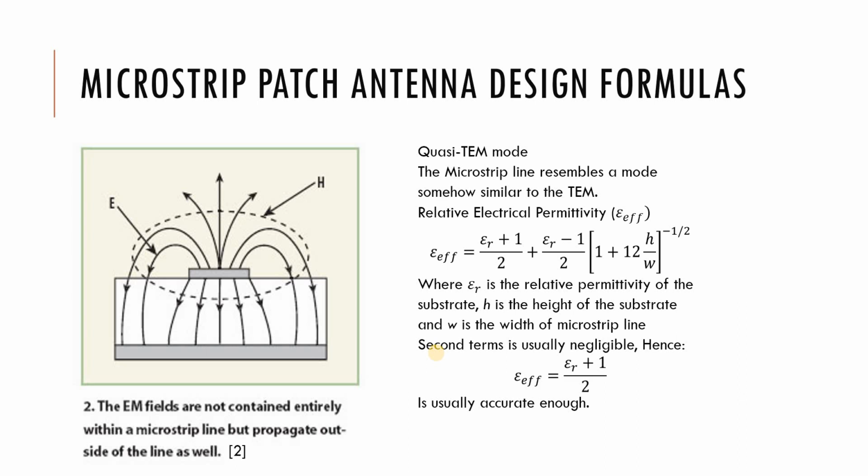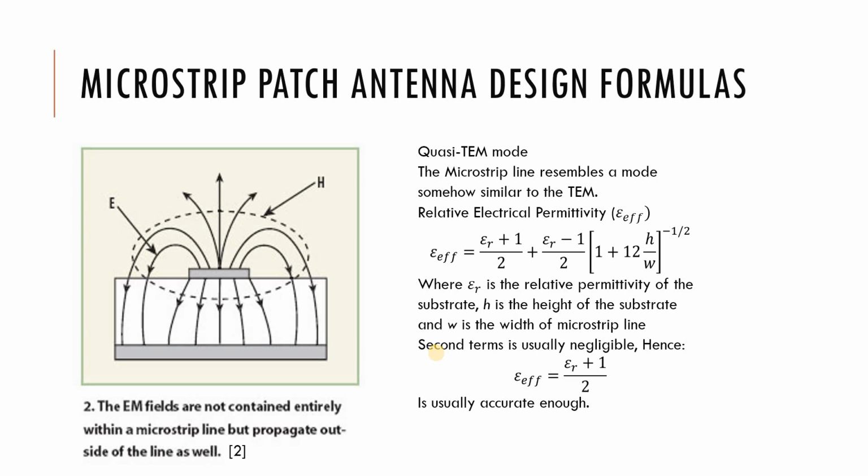You can design a patch antenna to have an input impedance of 50 ohm or to create a propagation. The operation mode of this microstrip line or microstrip patch antenna is similar to TEM, but it's not exactly TEM, it's a quasi-TEM mode.